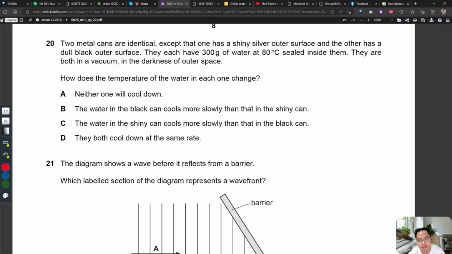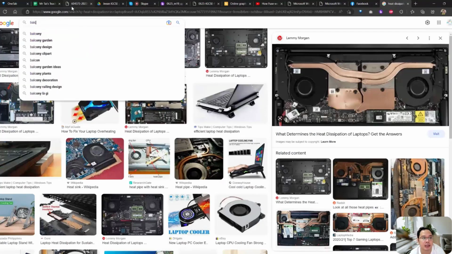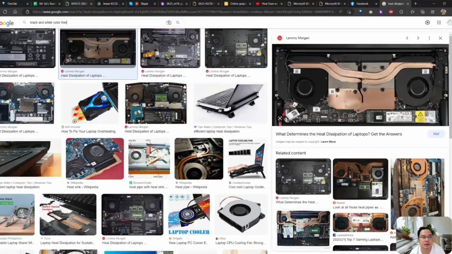The water in black, B. Water in black cools more slowly. No, actually, it's more quickly. You forgot the explanation I showed you last time, right? The white pen, remember, and the two bottles, black and white color, the thermal heat absorption and emission experiment.